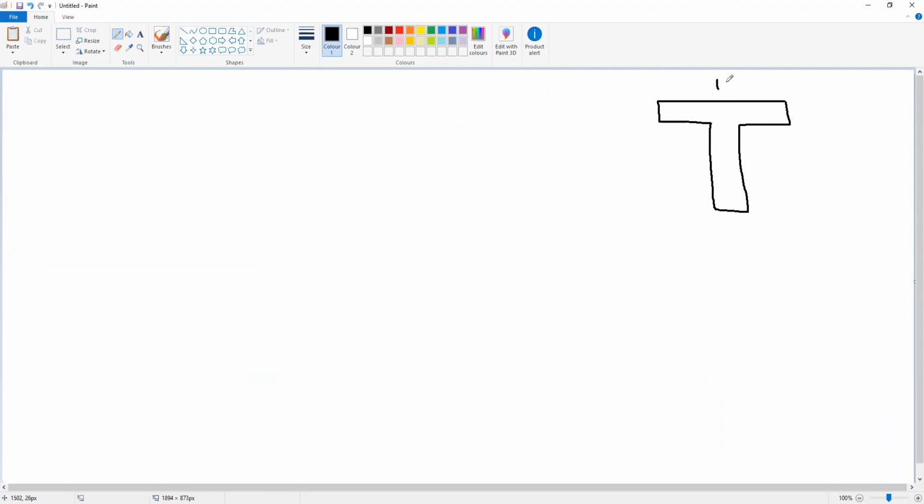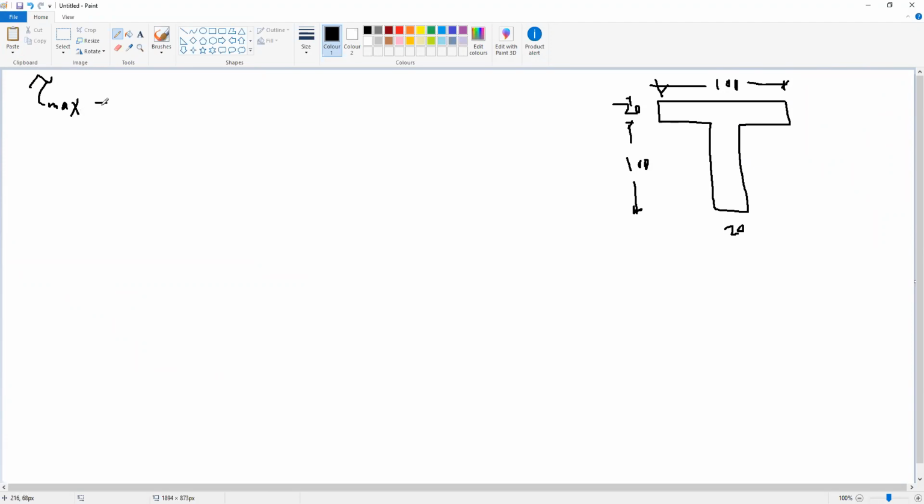The dimensions are 100 for the width here, and 20, 20, and 100. So this is the dimension of the section. And now we need to calculate tau max.